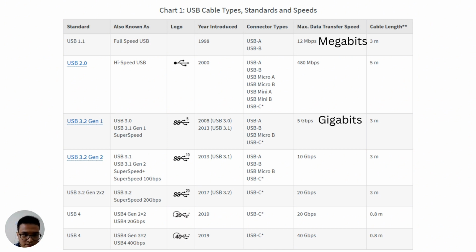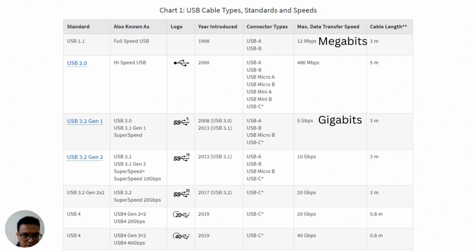For the first generation, the SuperSpeed logo has a 5 at the back, and it was introduced in 2008, and 2013 for USB 3.1. The connector types are USB-A, USB-B, USB micro B, and USB-C, its max data transfer speed is 5 gigabits per second, and its cable length is 3 meters.